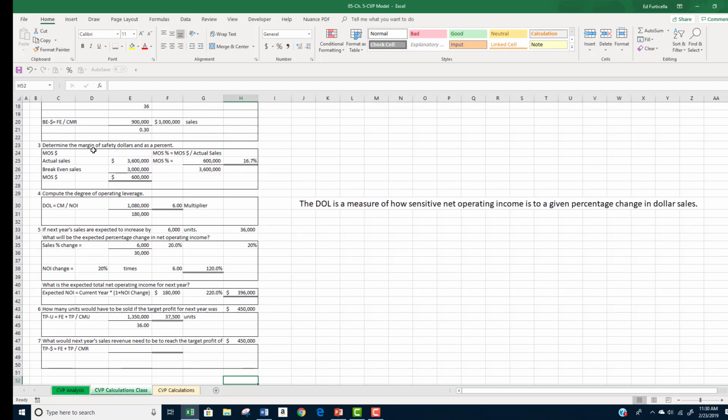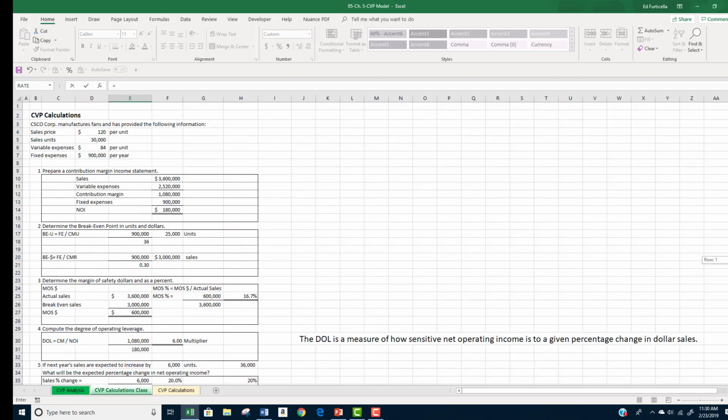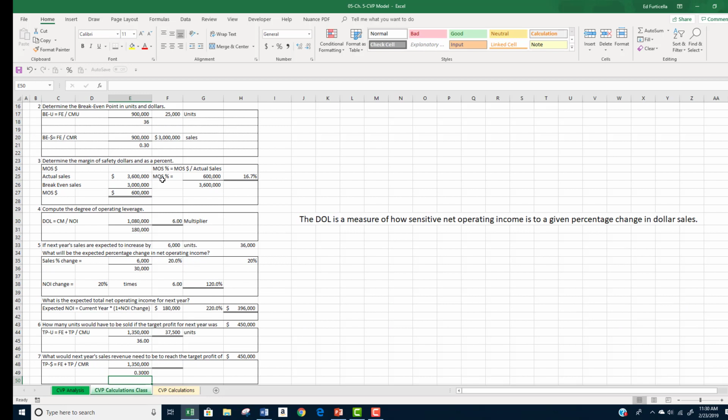All right, let's do the same calculation, but now we want to figure out what the sales revenue needs to be. So again, the numerator is exactly the same. It's the fixed expenses plus the $450,000. The denominator is the contribution margin ratio. And remember, the contribution margin ratio can be done two ways. Divide the total contribution margin by the sales, or divide the contribution margin per unit by the selling price per unit.